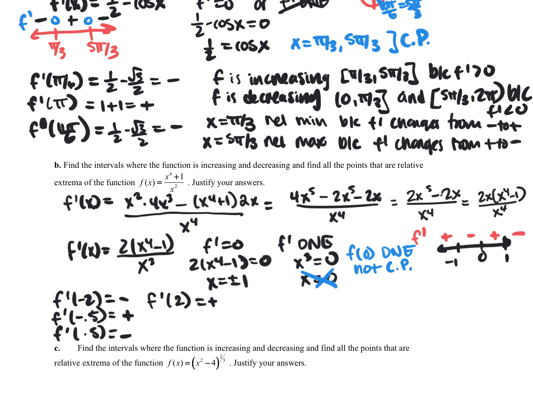So we will have increasing from -infinity to -1 and 0 to 1 because f prime is positive. Oh, shoot. I just wrote that opposite. This is why we do the real justification, not just a picture.